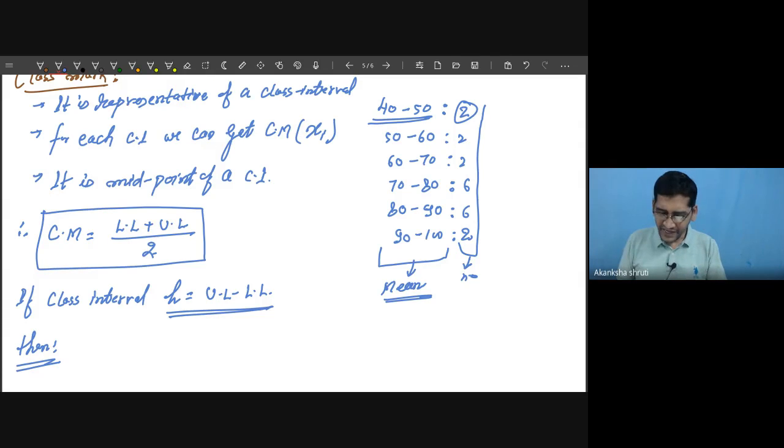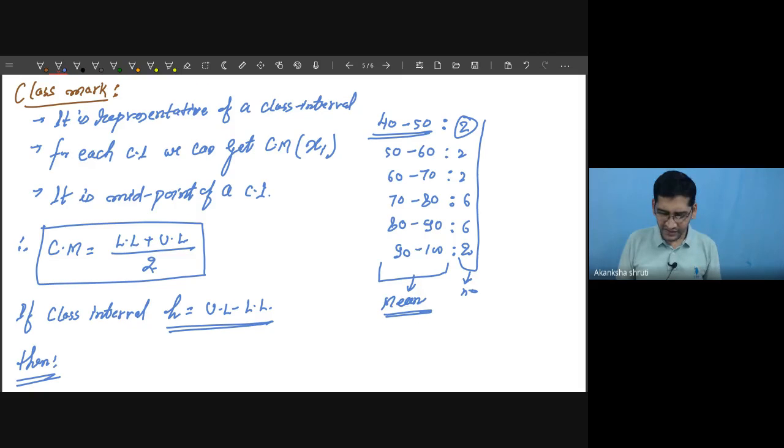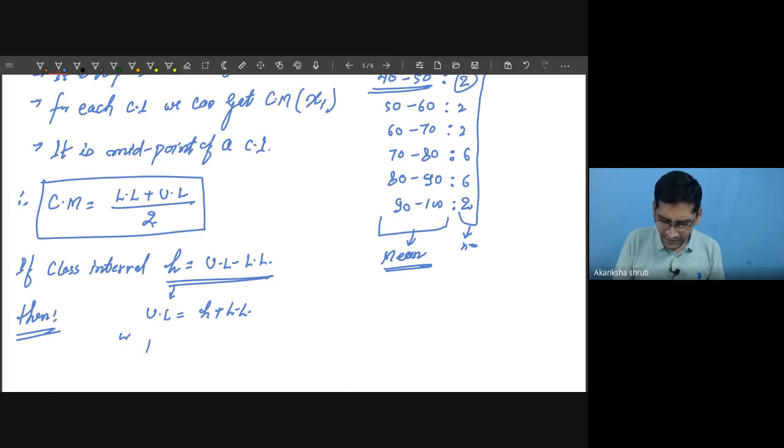So in terms of delta h or h, you can get this CM, the class mark. From here, we can calculate the upper limit as h plus lower limit, or the lower limit as upper limit minus h. These are the two ways of getting the upper limit and lower limit from the definition of class interval.